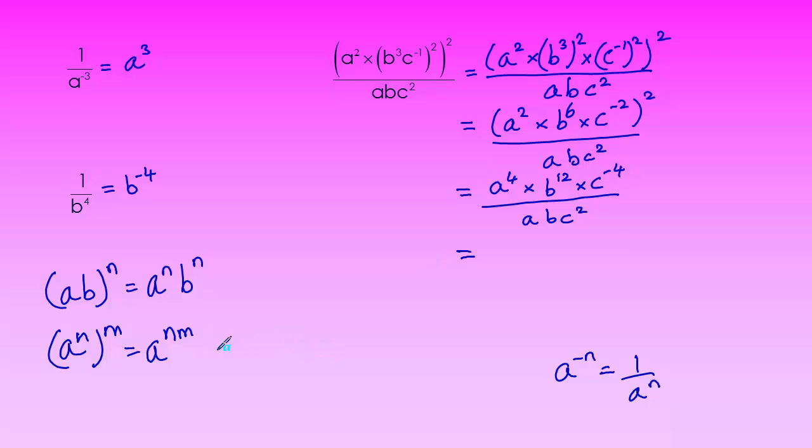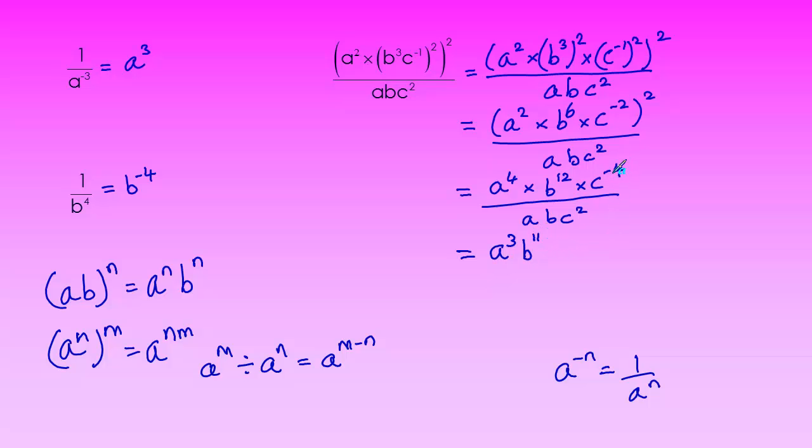Now we have another index law to use, which is a to the m divided by a to the n is equal to a to the m minus n. So a to the 4 divided by a to the 1 is a cubed. b to the 12 divided by b to the 1 is b to the 11.